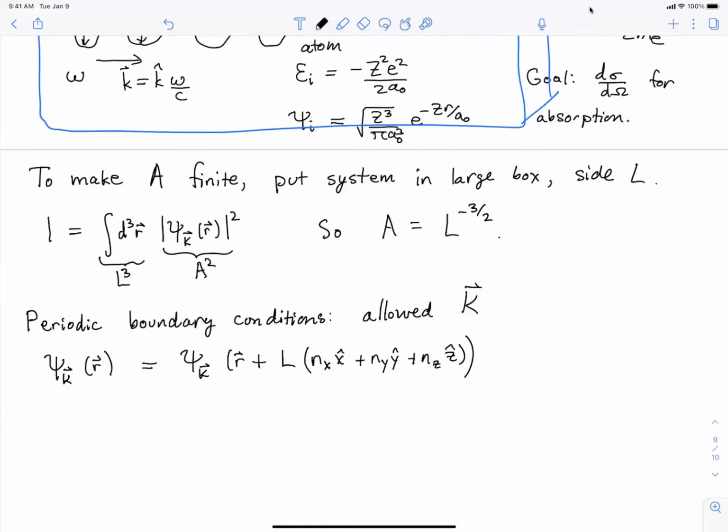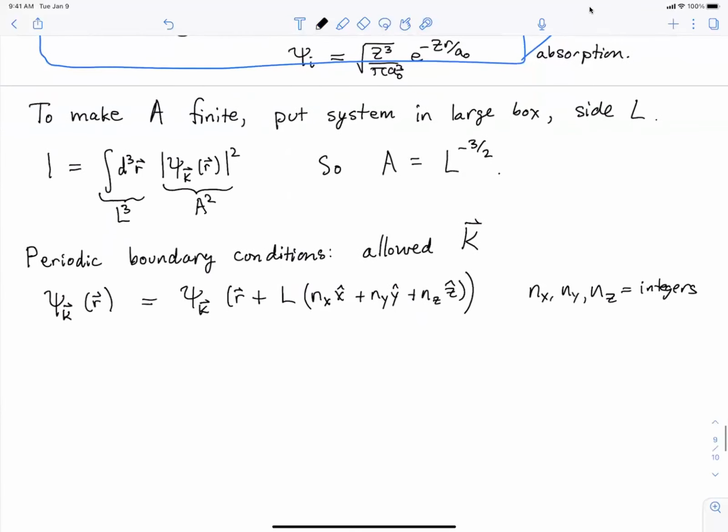Right? That's moving to the other side of the box n_x times in the x direction and n_y times in the y direction and n_z times in the z direction. So as long as those are integers, okay, we should get back the same thing.